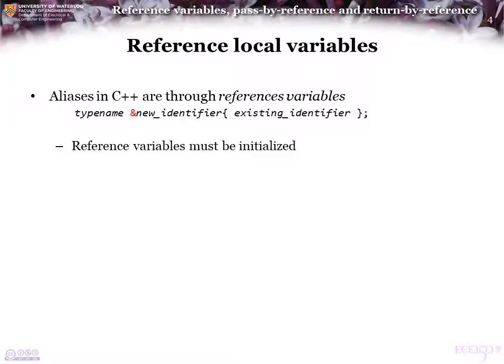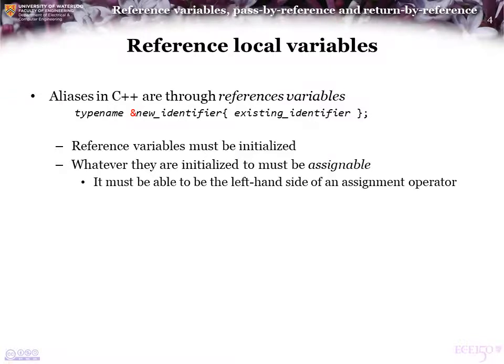So reference variables, like constant variables, must be initialized. Whatever they are initialized with must be assignable. So you cannot initialize a reference variable with an expression such as n+1, and you cannot initialize it with a literal. Basically, whatever it's initialized with must be able to appear on the left-hand side of an assignment operator.